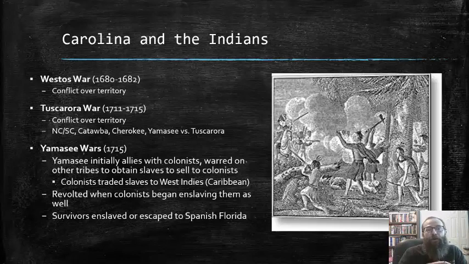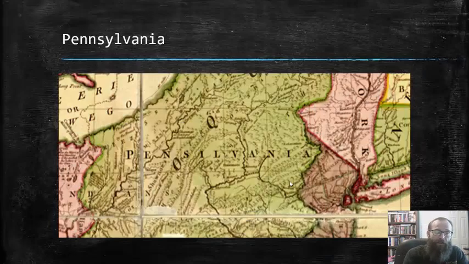To make a long story short, the colonists prevailed in this particular war as well, and most of the survivors of the Yamasee Wars were enslaved and sold down to the West Indies or the Caribbean, or escaped to Spanish Florida, which became a haven for not only Indians of the region, but escaped slaves as well, as the Spanish extended amnesty to the slaves that could manage to make it down into their territory in Florida. Brings us to the establishment of the Pennsylvania colony.